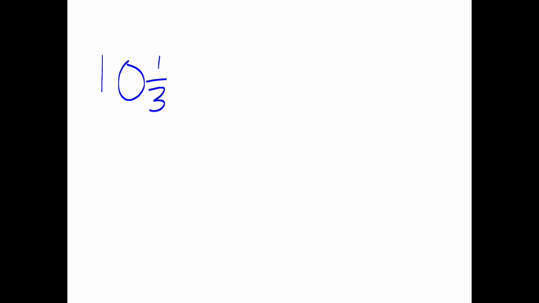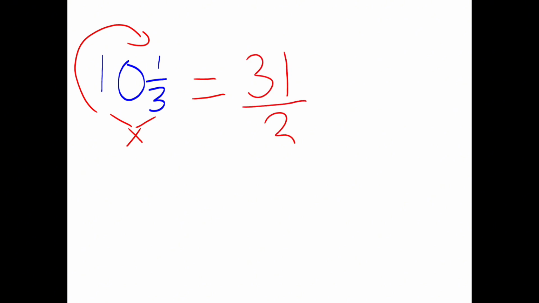So let's use that to solve this. 10 whole number 1 over 3 will give us what? 10 multiplied by 3, and that is 30. Very good. Then you add your numerator, which is 1. So 30 plus 1 gives us 31. Very good. 31 over 3. You can see it is very easy, right?